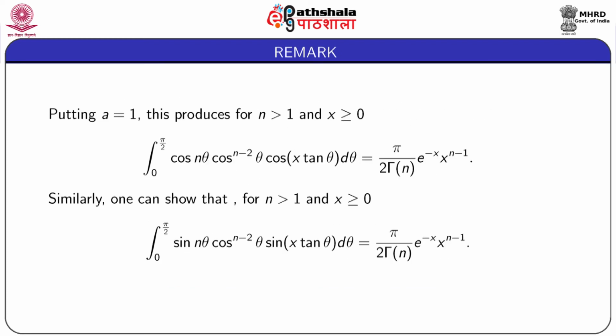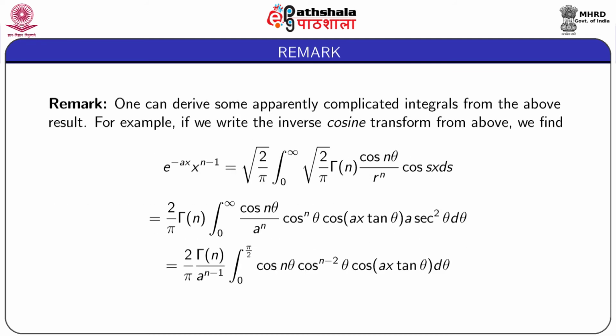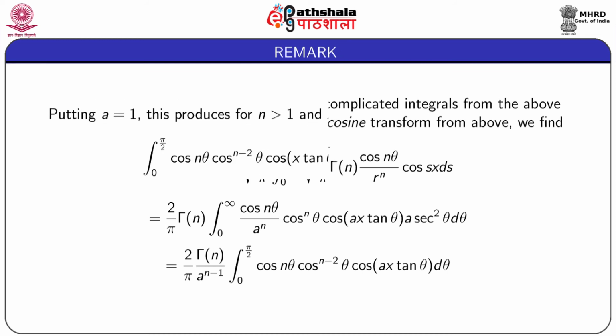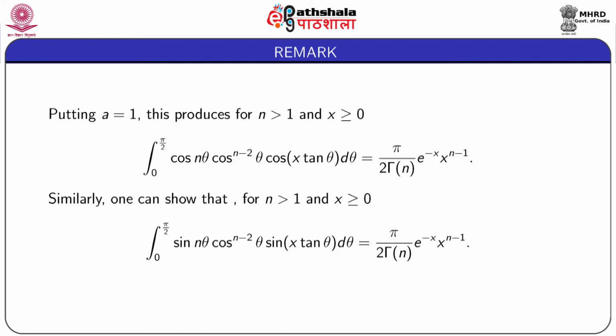Now, we substitute a equal to 1 in the last result. So that we get integral 0 to pi by 2 cos n theta cos to the power n minus 2 theta cos(x tan theta) d theta equal to pi by 2 gamma n e to the power minus x, x to the power n minus 1.